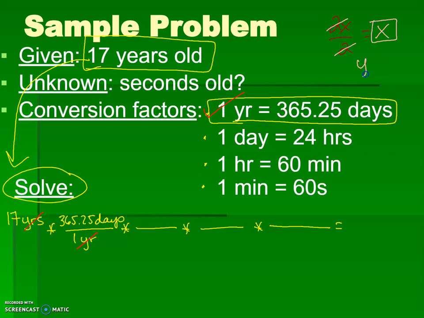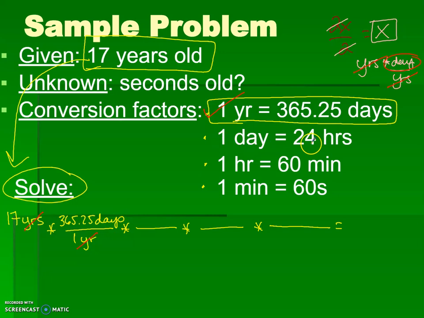So if you have years times days over years, guess what cancels out? Your years and your years, leaving your days. That's the whole principle behind dimensional analysis, which is sometimes called the factor label method. Now that we have days, we want to get rid of days.